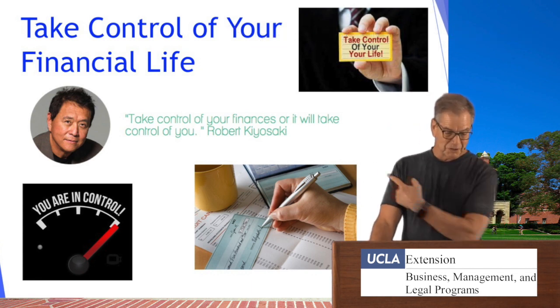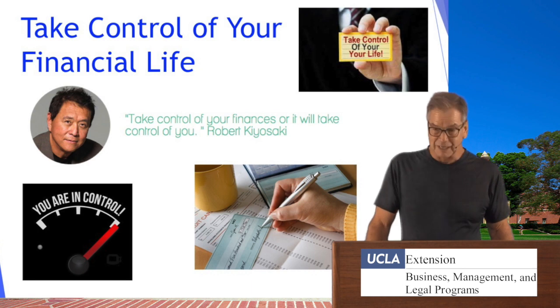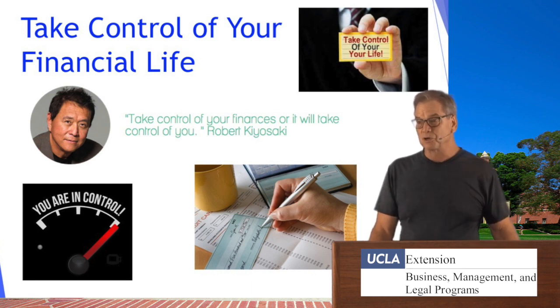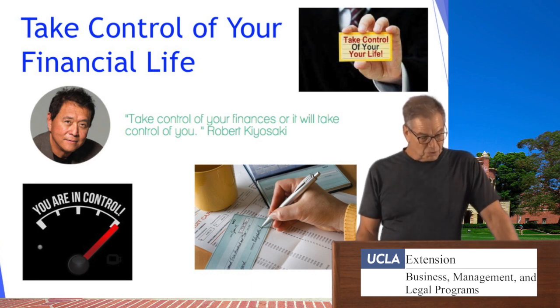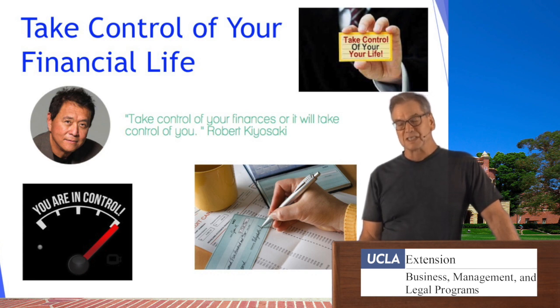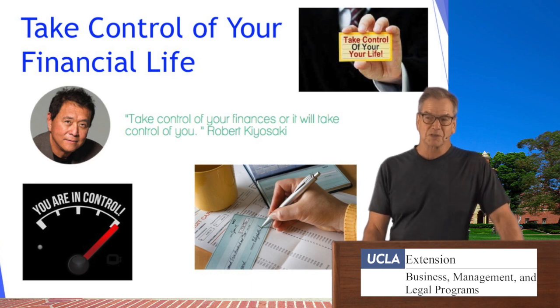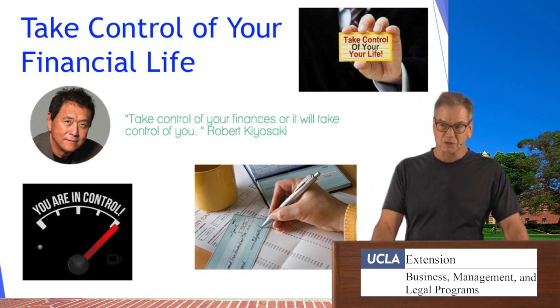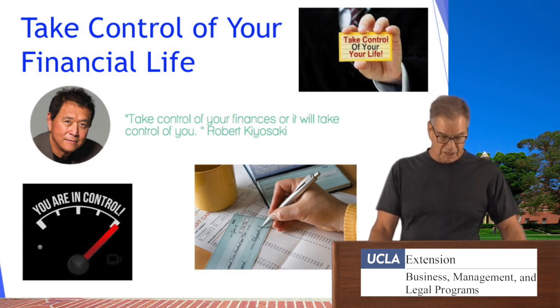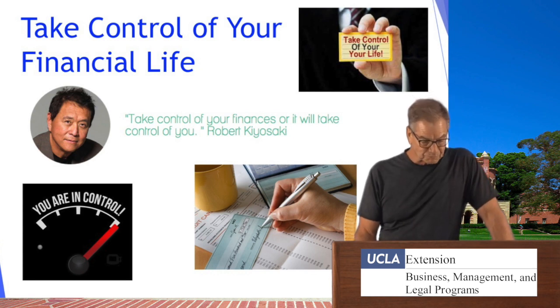The picture here is Robert Kiyosaki, and he's kind of famous. He wrote the book Rich Dad, Poor Dad, which goes into how most of us invest into debt, credit card debt, and where clever entrepreneurs make sure they're always investing into cash flows, not debt.